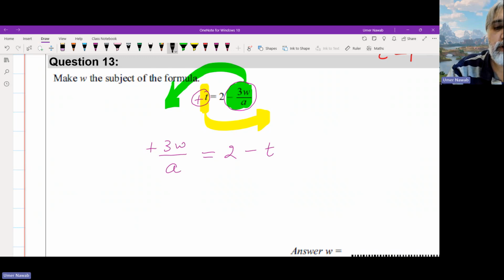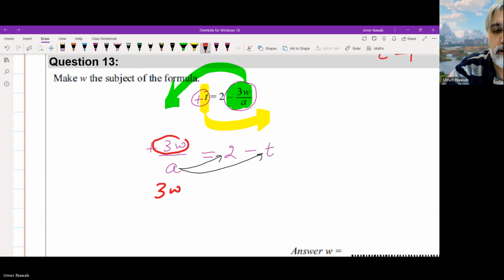Now, can I do the cross multiplication of this A with both terms on the right hand side? 3W, I have 3W equals cross multiplication of 2 with the A makes 2A. Cross multiplication of A with the T, I'm going to write AT.